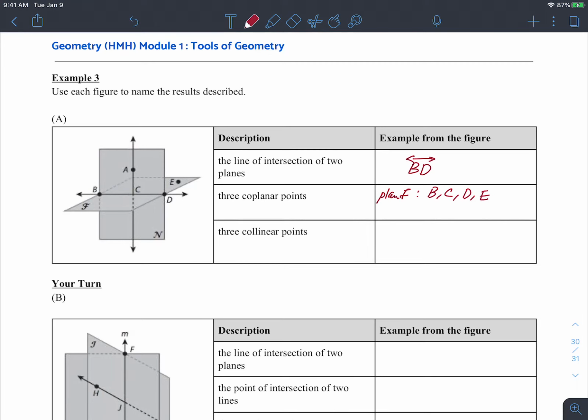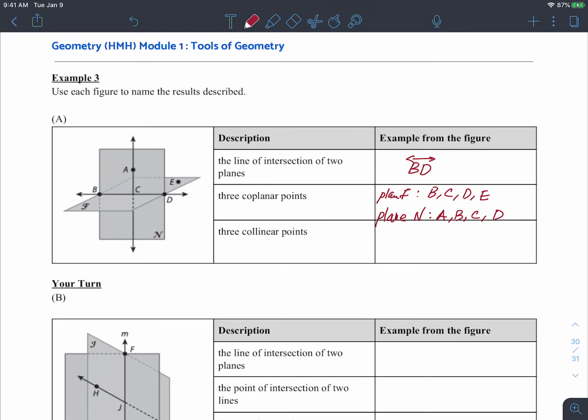If you decide to go with, let's say, plane N, I see we have B, D, and C on this plane. On top of that, we have A. So that would be A, B, C, D. All right? So if you chose any 3 of the 4, you'd be considered correct.